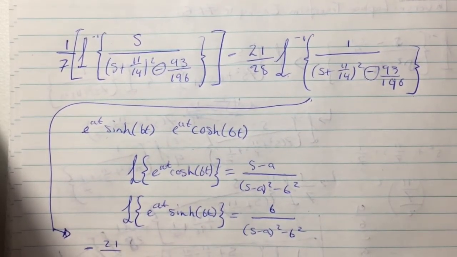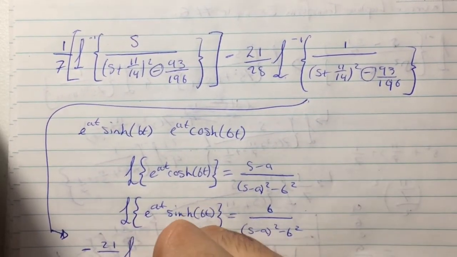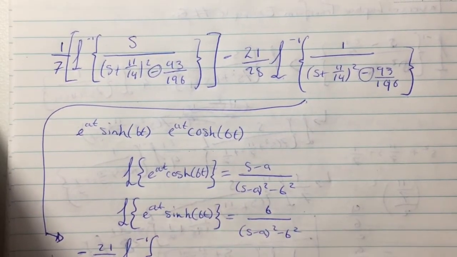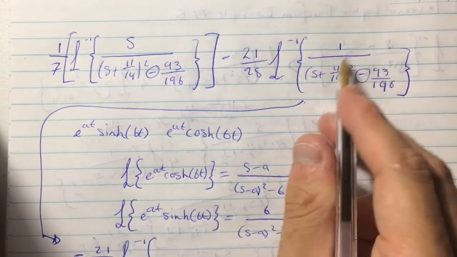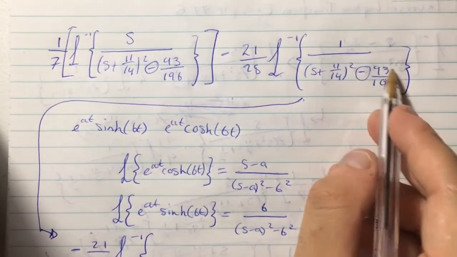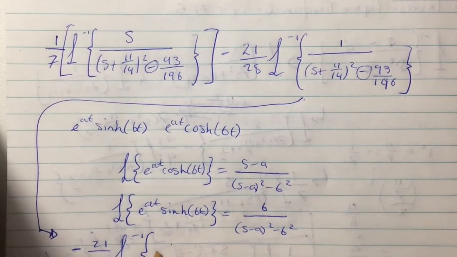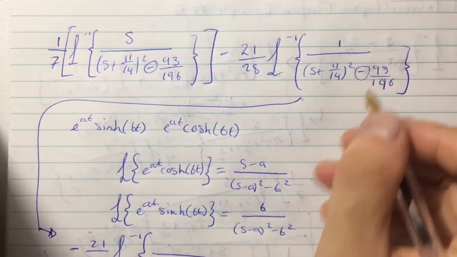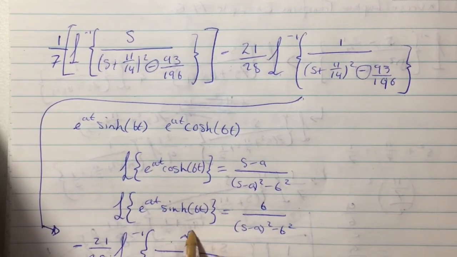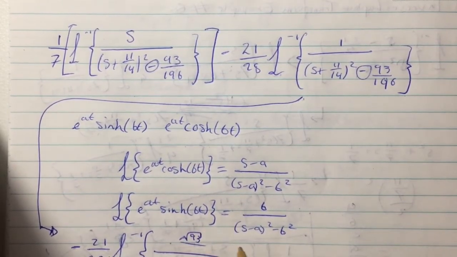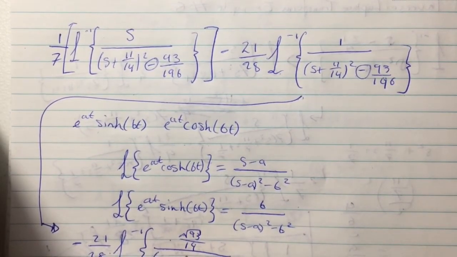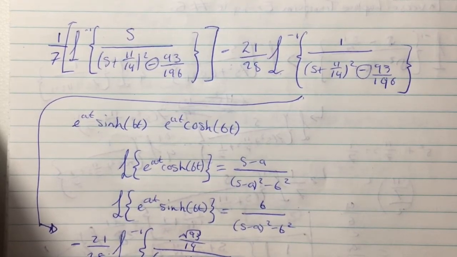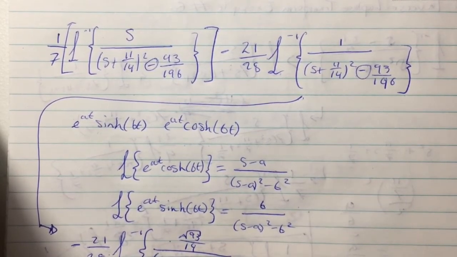So minus 21 over 28, and that's multiplied by the inverse Laplace transform. What I'm going to do here is multiply top and bottom by the square root of 93, because the square root of 93 is irrational, and the square root of 196 I know now is 14. And that's all over s plus 11 over 14 squared minus 93 over 196.